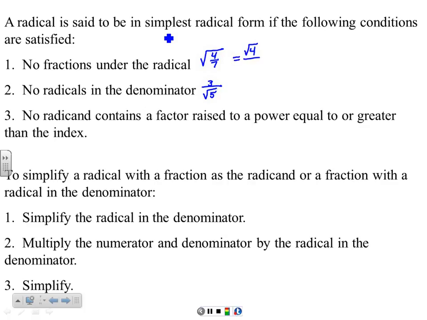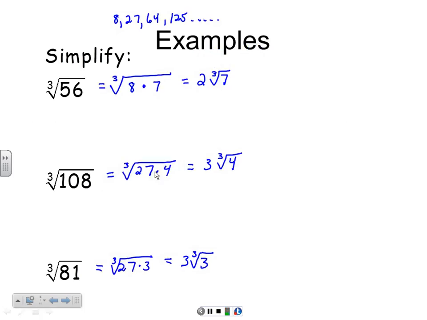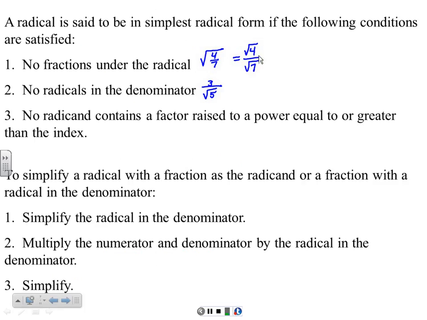If you have a fraction underneath the radical, split them up, and you make a division problem out of it. Just like we made a multiplication problem out of these, you're going to make a division problem out of these. And then simplify. The square root of 4 is just 2, and you can't take the square root of 7. So that fixed the problem of having a fraction underneath the radical, but rule number 2 is still broken in that we have a radical in the denominator.